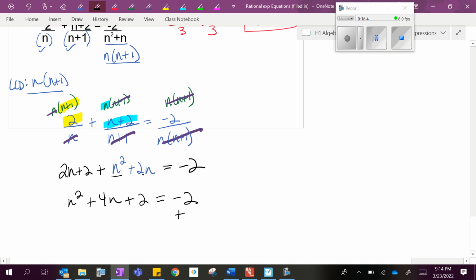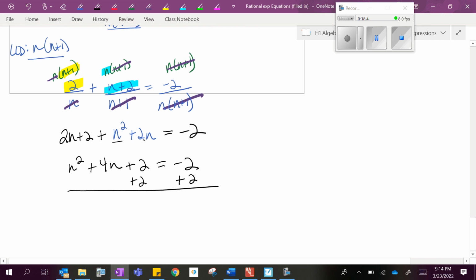So now it looks like I'm going to have to factor. So I'm going to have to set it equal to 0. So I'm going to add 2 to both sides. And I get n squared plus 4n plus 4 equals 0. So now I think I need to factor. So what is 3 terms? A is 1 right here.